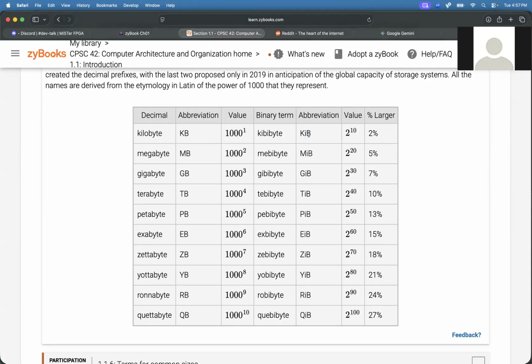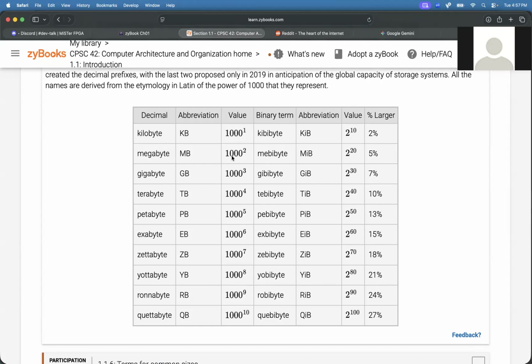And so you can recognize these by the extra I, and the ones with the extra I are base 2. Because they're base 2, that means they're 2 to some power. They're not going to be exactly equal to, let's say, 1,000. So these measurements over here are basically the ones that are closest to this. The closest thing to 1,000 you can get out of a power of 2 is 2 to the 10th, which is 1,024.